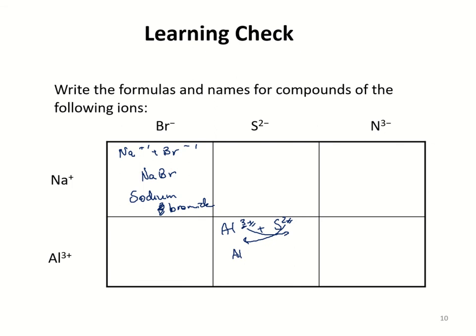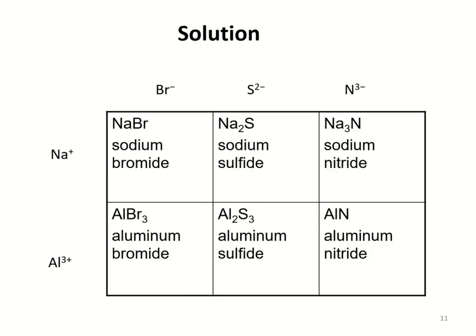So it is aluminium 2, sulfur 3. We're going to call this aluminium sulfide. Again, like we said, because we know what the valency of the aluminium and sulfur is, we don't need to specify if it's plus or 2 or whatever in the actual naming there.